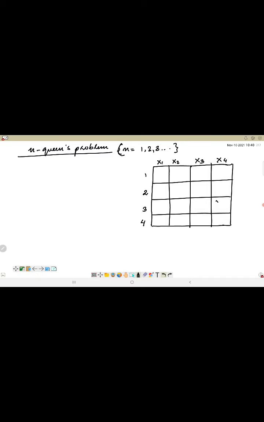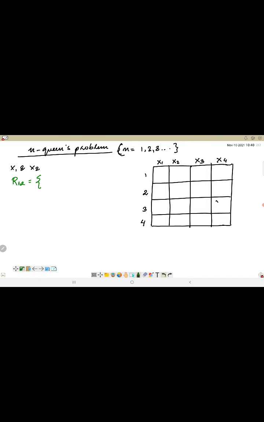Now if I am considering the first 2 queens, x1 and x2, let me change the color here. So when I'm considering R1 and 2, R basically is the solution to the CSP.